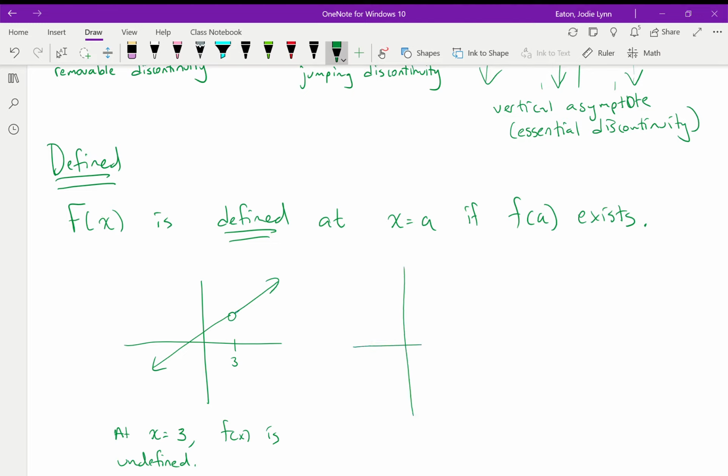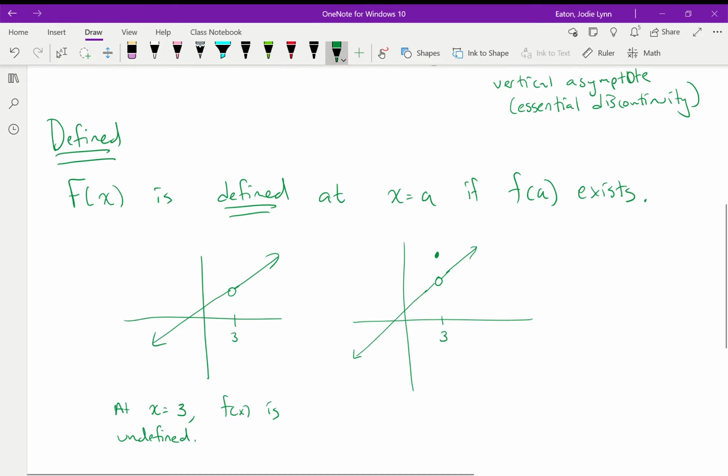We could, however, have a similar function where we also have a hole at x equals 3, but we put a point somewhere else. So f of 3 is up here instead of right there in the middle of the function.